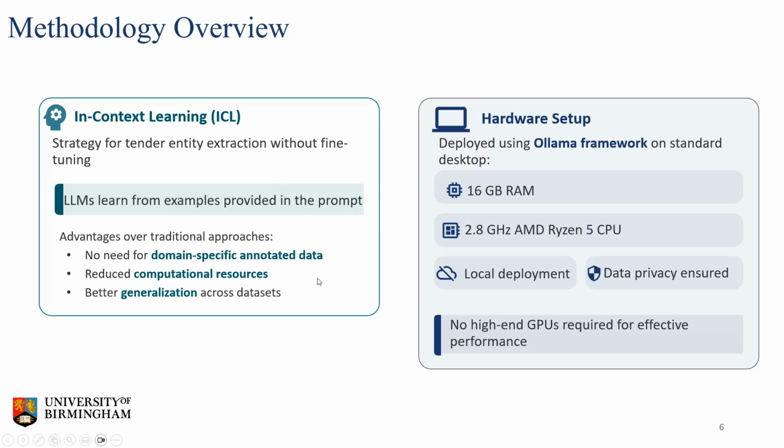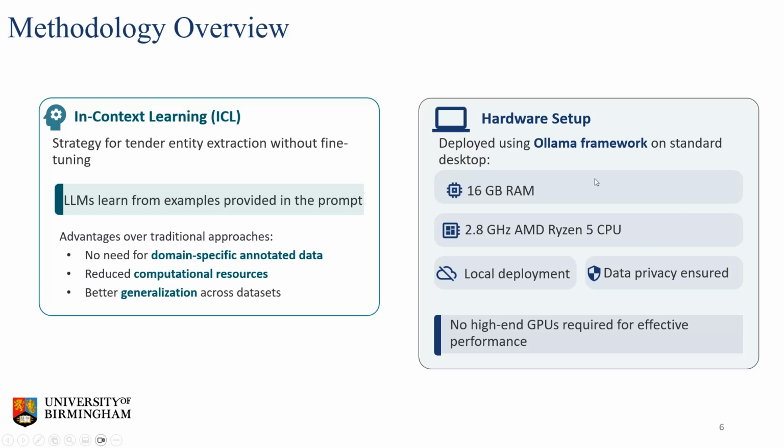Similarly, we do not need huge resources because currently we have frameworks. We can use LLMs with our existing resources. Similarly, using LLMs in an in-context learning environment gives better generalization across different datasets.